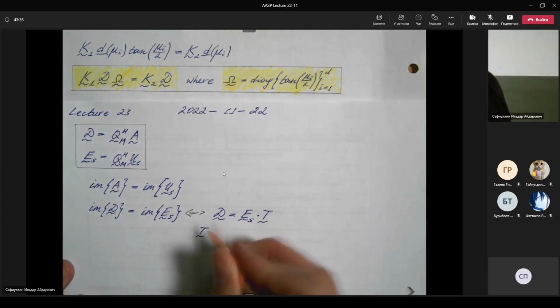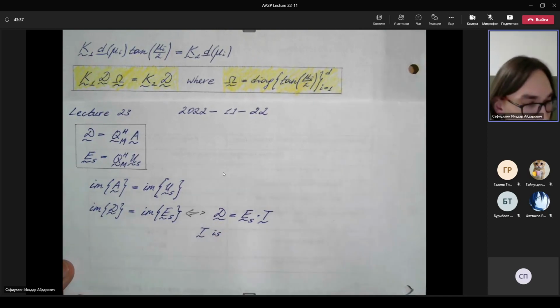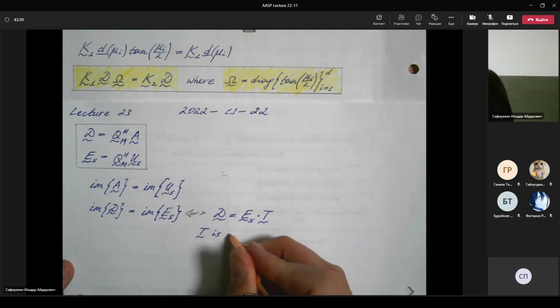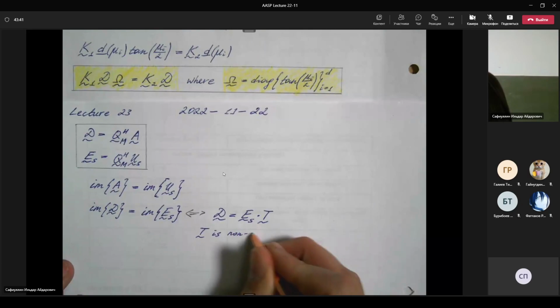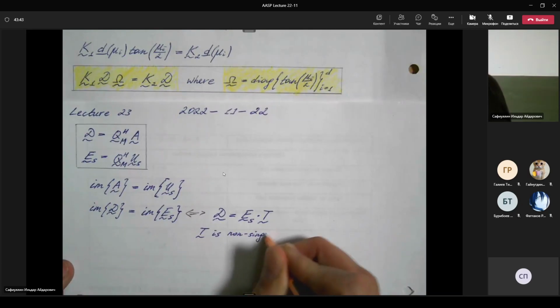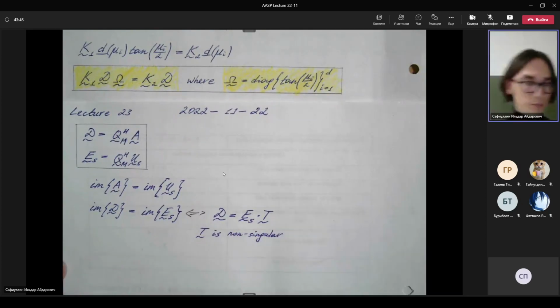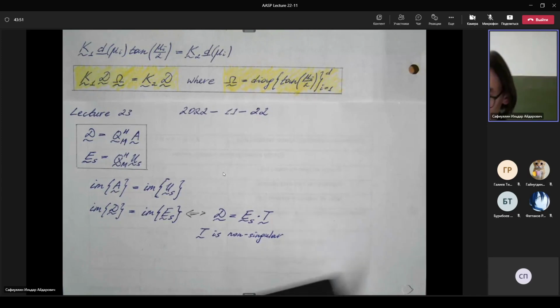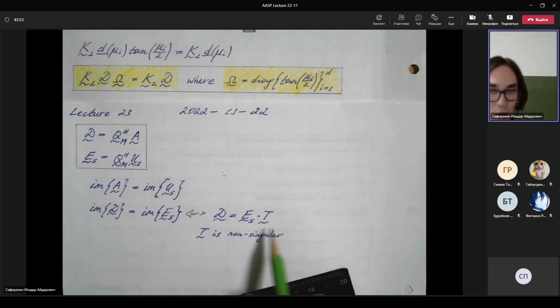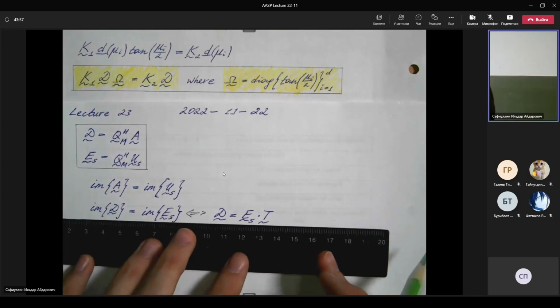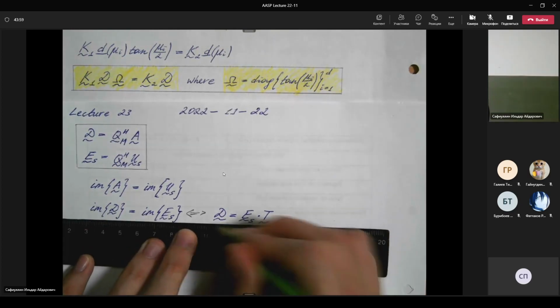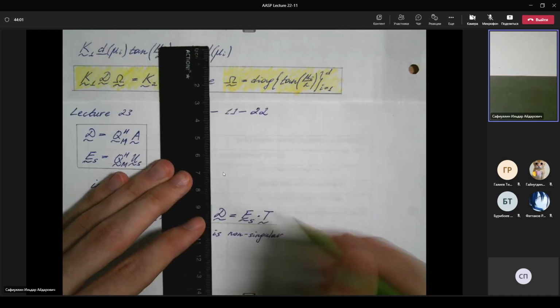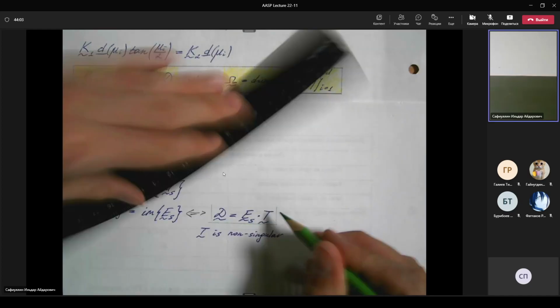Matrix T is non-singular. And of course, we do not know this matrix T. It is some connection between matrix D and matrix E sub S.